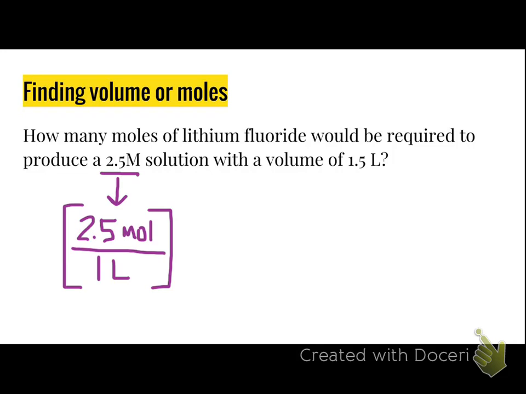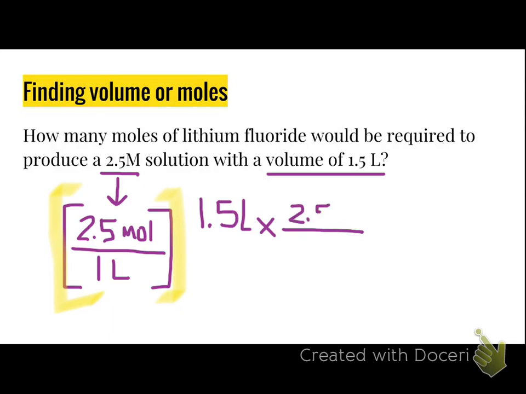What we are going to do here is start with our volume that we're given. So we'll start with 1.5 liters, and then we're going to use this as our conversion factor. To get liters to cancel, that needs to stay on the bottom. So we have 2.5 moles and then 1 liter.